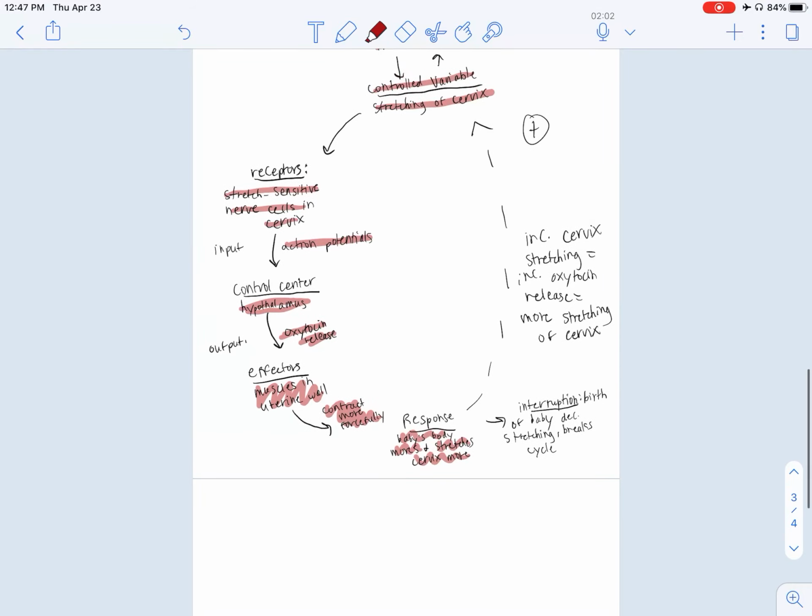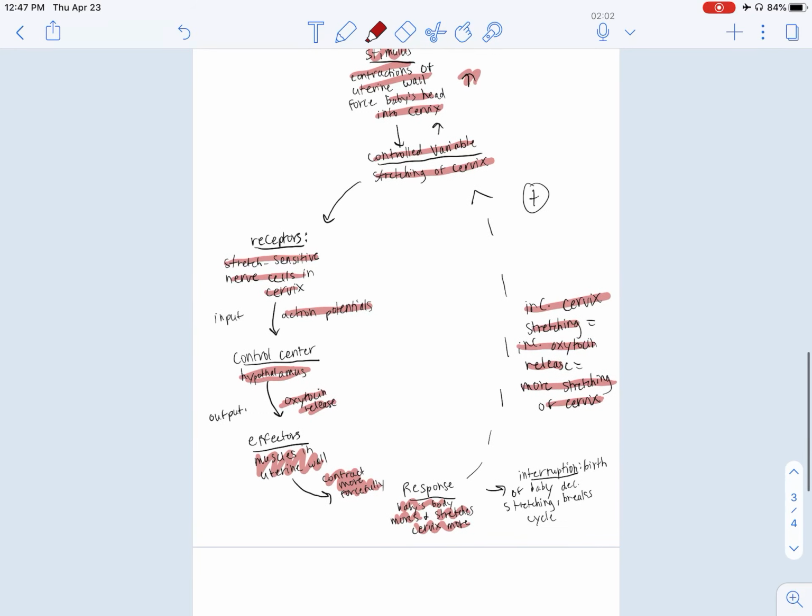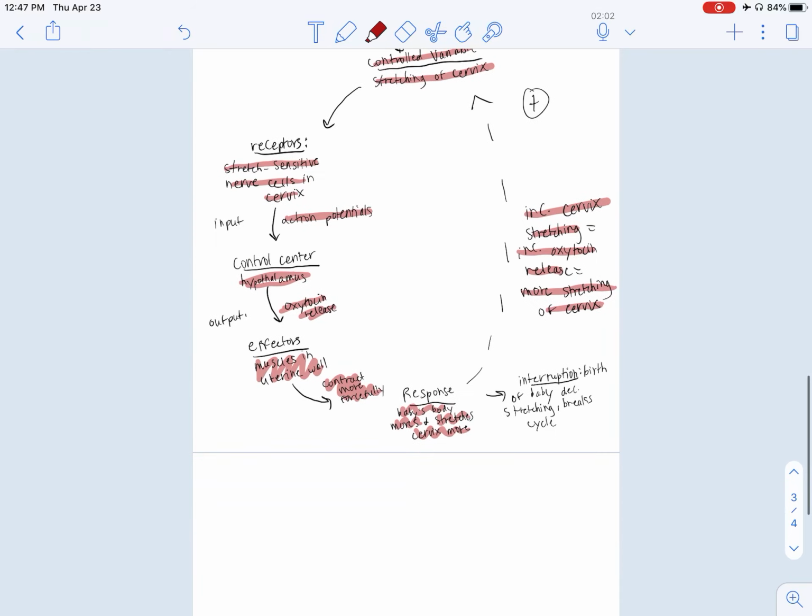So we have an increase in cervix stretching, which causes an increase in oxytocin release, which again allows for the baby to move down as the contractions become more forceful. So there's more stretching of the cervix. That's how the positive feedback loop works in this case, to increase stretching and then increase the baby moving.